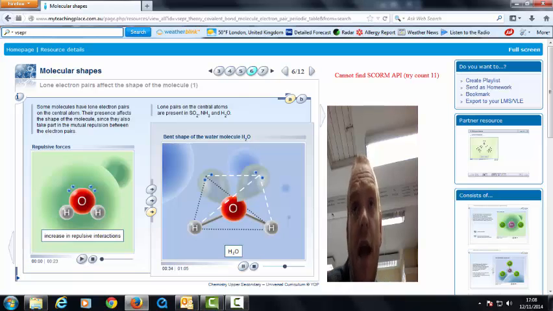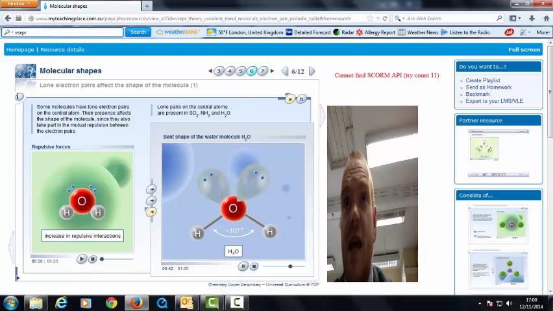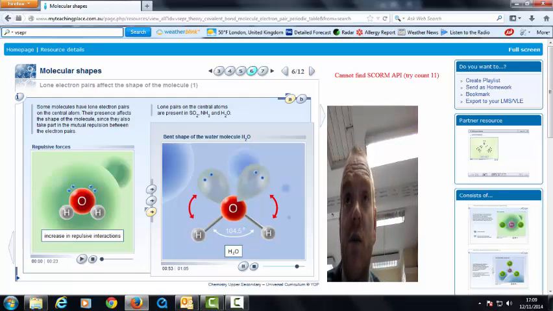And I need to organize my bonded electrons as far away from each other as possible. So I end up with this V-shaped molecule, or you could also call it bent. It has an angle of 104 degrees, which is lower than the angle of 107 degrees because of the extra lone pair.